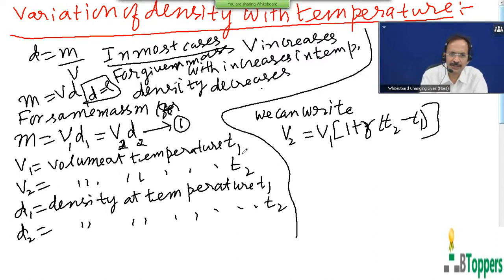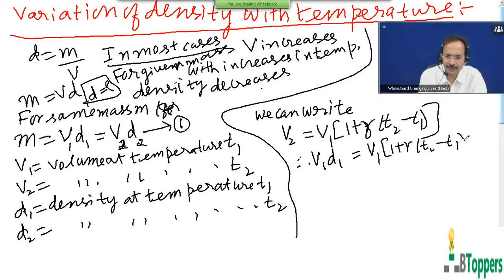Substituting this value of V2 on the right side of the first equation, you get V1 D1 equal to V1 into 1 plus gamma into T2 minus T1, which we are substituting in place of V2, into D2 on the right side.